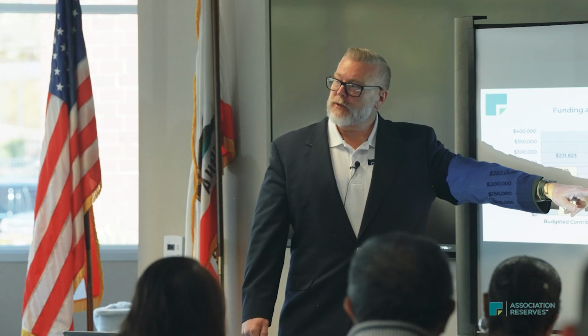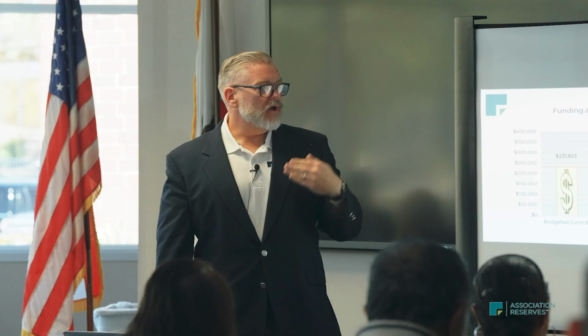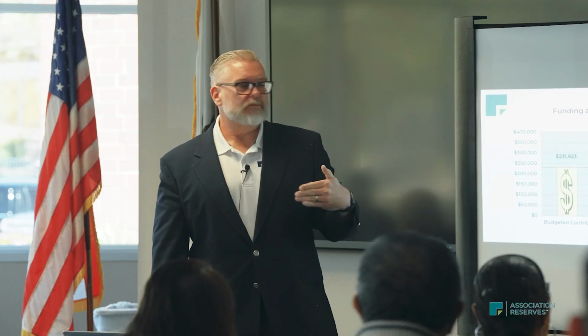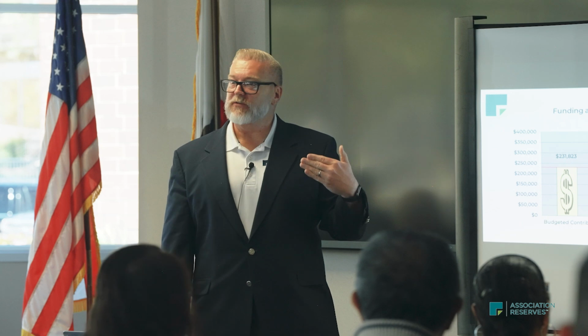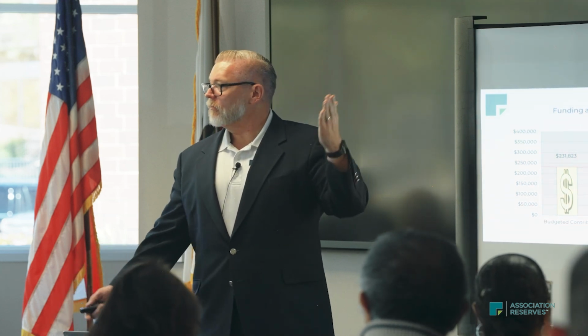If we get the magical special assessment, which is very hard to get because nobody votes to tax themselves, we'll still pay $250,000. But if we take out that loan, we're up almost $90,000 on a $250,000 expense. So loans are necessary sometimes, but I would say make that your last resort, because I don't know how many of you guys, if you had an extra $90,000 in your reserves, how much better would your community be, right?